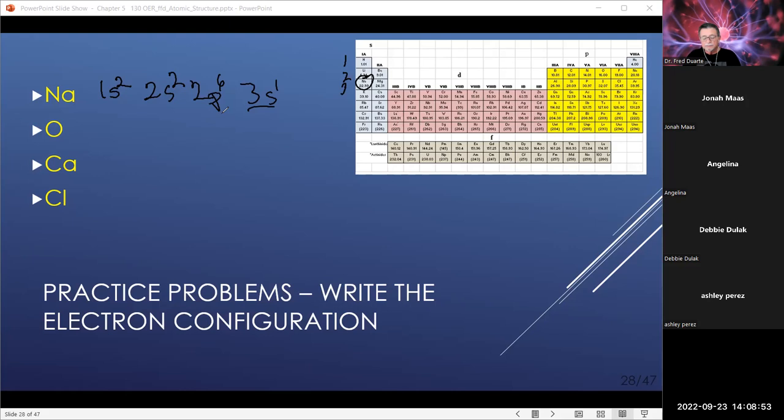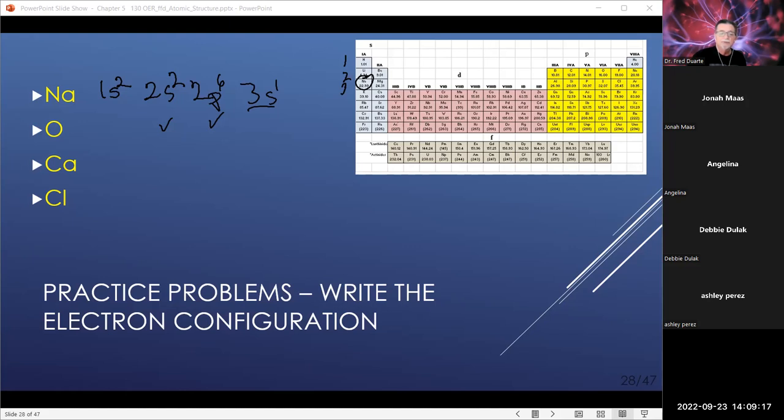The other 8 of them are in the second energy level, of which 6 are in the P orbitals and 2 are in the S orbital. And the final 2 are in the innermost layer, the 1s2. See how quickly we made the electron configuration for that, just based on the position on the periodic table.